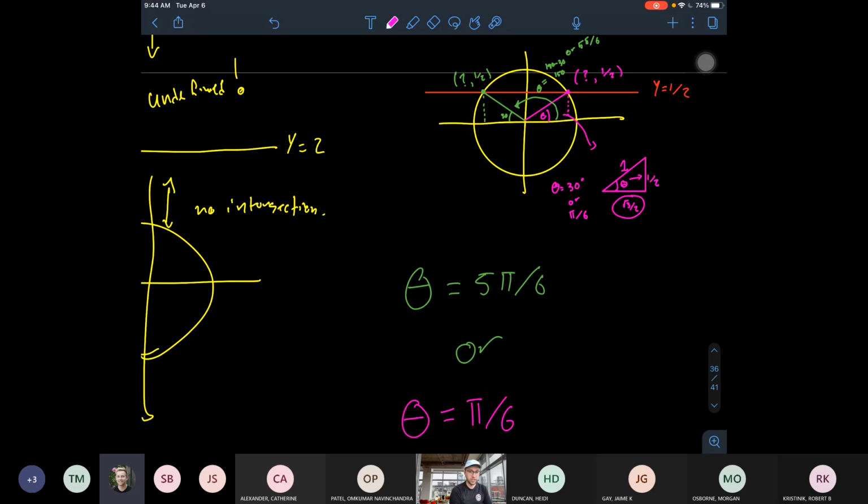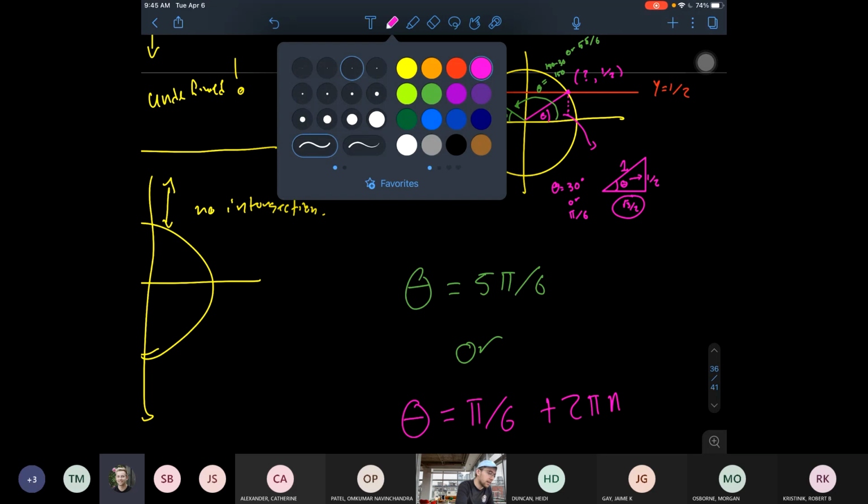I've got 5 pi/6 on the board already. These two both work. That's right, Om Kumar. Om Kumar's got the right idea. We can add 2 pi times any integer to both of these. And guess what?